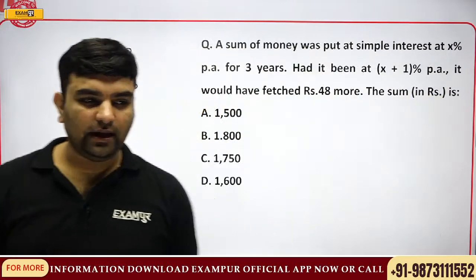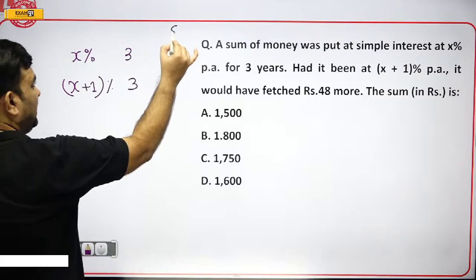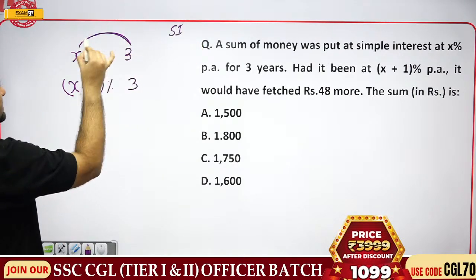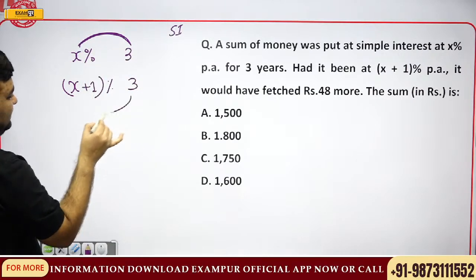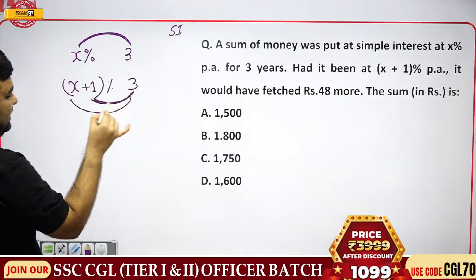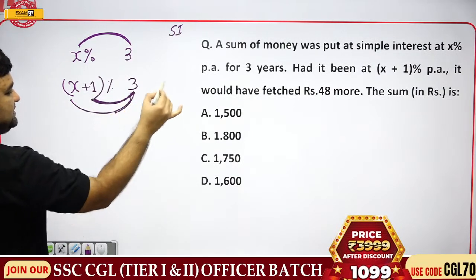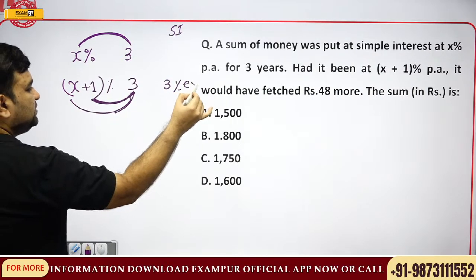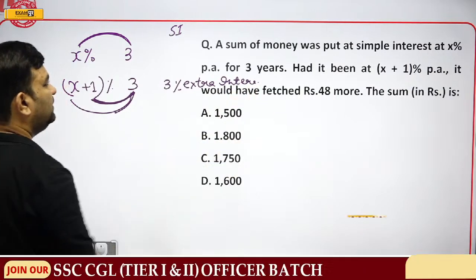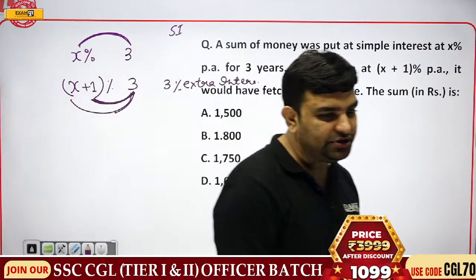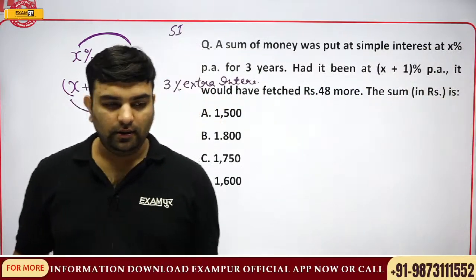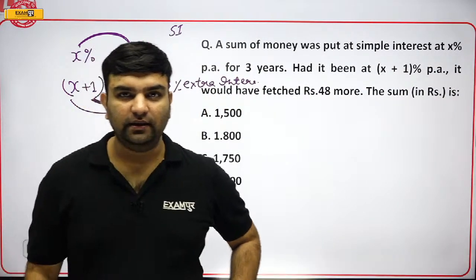You know SI is R into T percent. You have got 3x% interest initially. Now you will get 3x plus 3. Can I say 3% extra interest now? Because 3x you are getting initially as well, and now you are getting 3x plus 3.